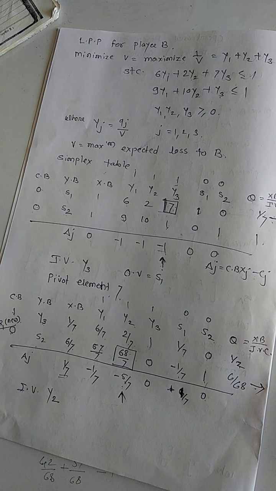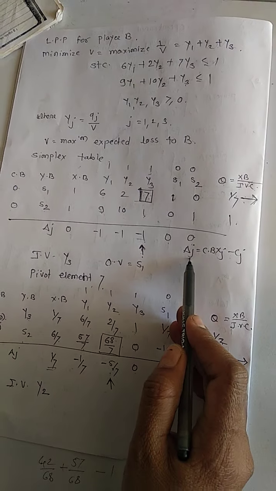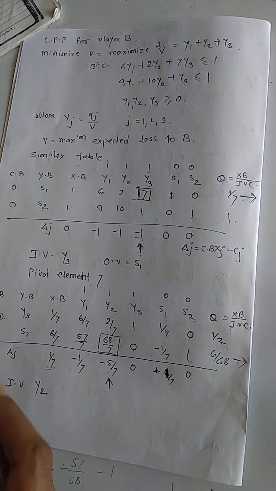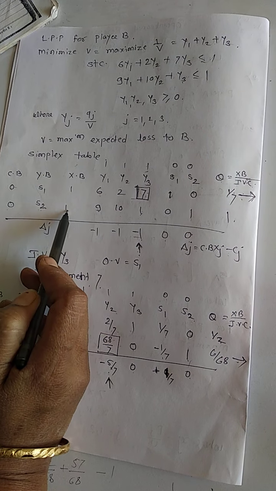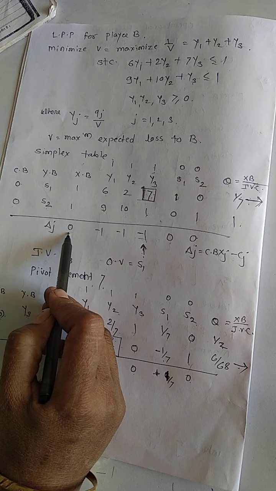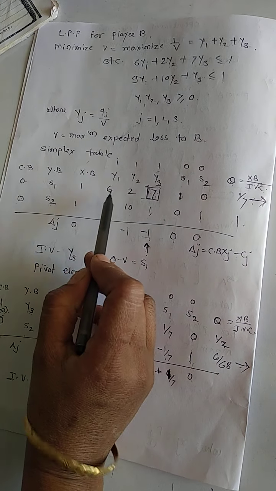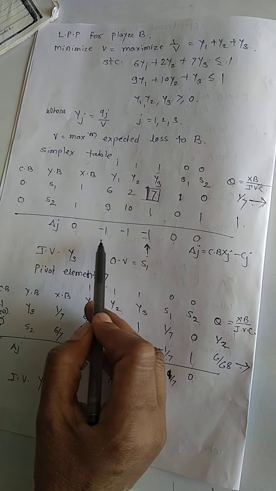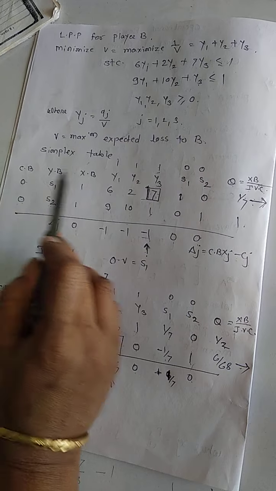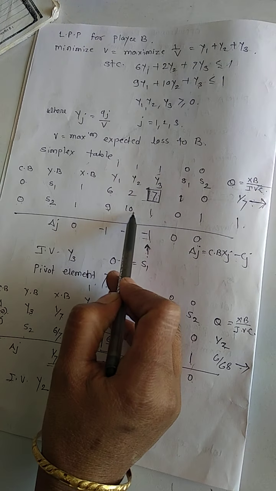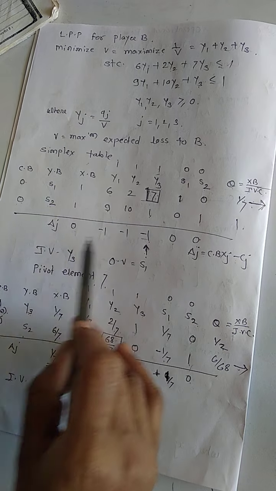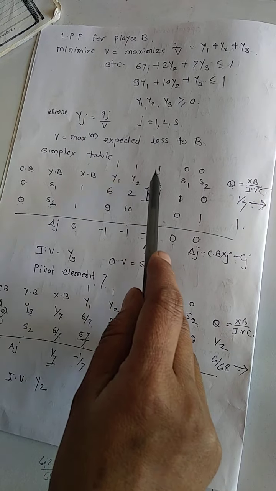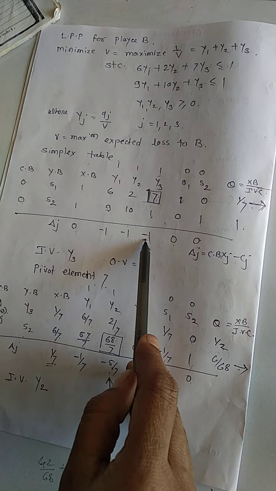Then find del j. We know the formula del j is equal to CB xj minus cj. Then find the value of del j. 0 multiplied by 1 is 0, 0 multiplied by 1 is 0, and the addition of these is 0. 0 multiplied by 6 is 0, 0 multiplied by 9 is 0, 0 minus 1, here minus 1. 0 multiplied by 2 is 0, 0 multiplied by 10 is 0, 0 minus 1, again minus 1. 0 multiplied by 7 is 0, 0 multiplied by 1 is 0, 0 minus 1, again minus 1.